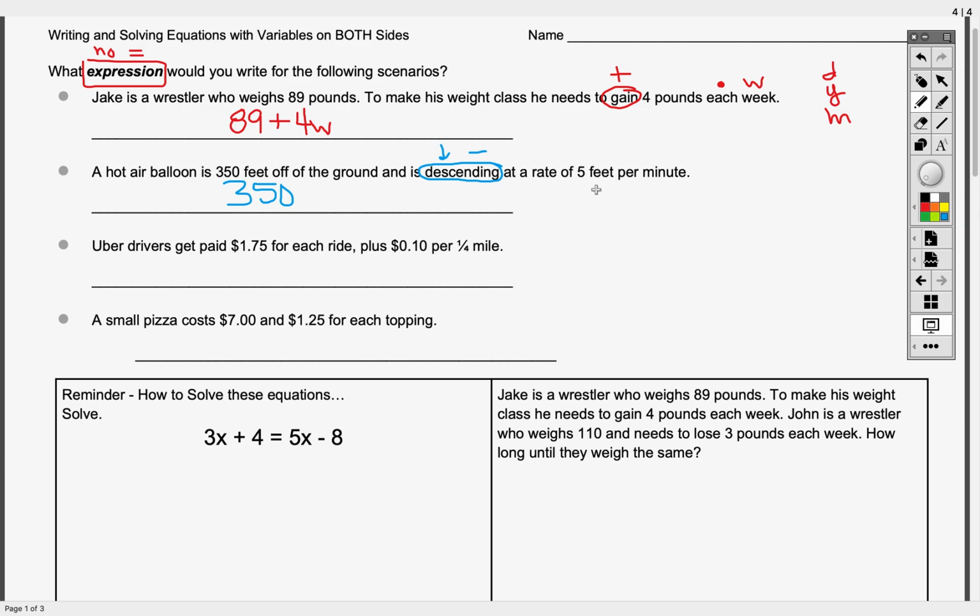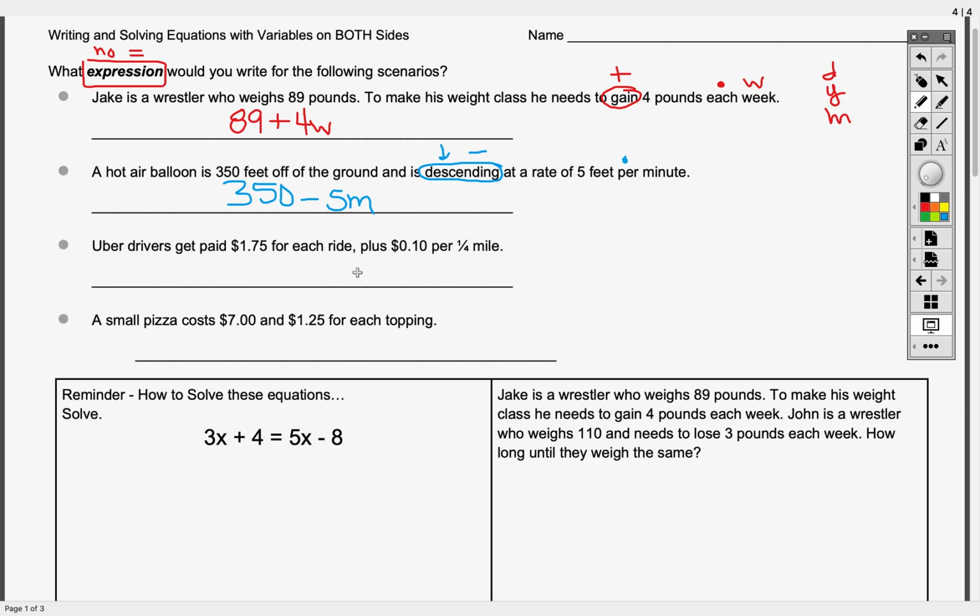At a rate of, so we are subtracting at a rate of 5 feet. Now, could I replace this word per with each? Yes. 5 feet each minute? Yes, that would make sense. So I know that that means also multiply. And because we're talking about in minutes, I'm going to use the letter M.